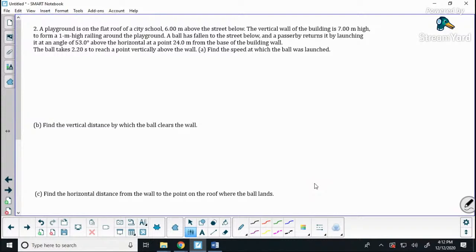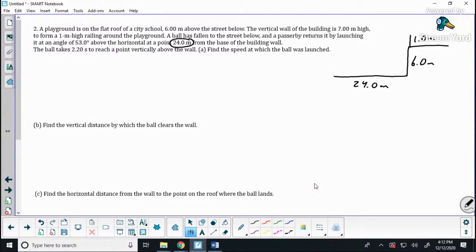So as always, let's start with a little diagram of this. What I'm picturing is I've got my flat surface where the ball is launched from, and that's a distance of 24.0 meters. The building itself is 6 meters, but then it has an additional 1.0 meter tall wall.